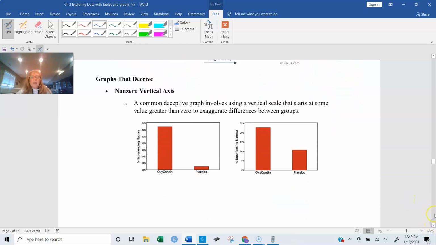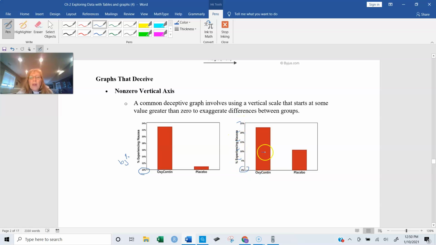All right, look at these two. Now, why is it lying? And which one is lying? I hope you realize the difference was here. This one starts at 10 and goes by 2%. So I'm missing the bottom 10%. This one is nice, it starts at 0.